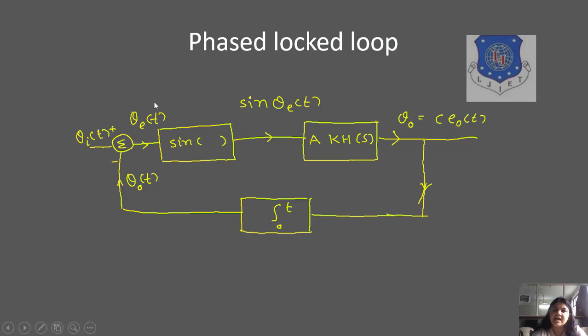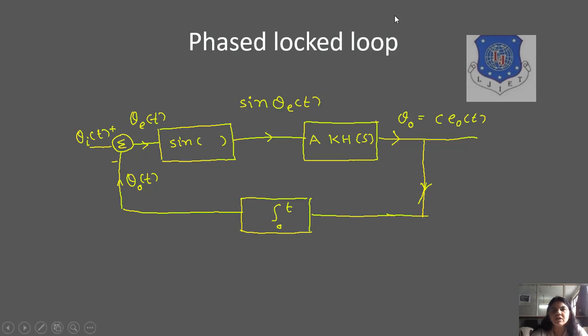The low pass filter will pass the low frequency component and suppress the high frequency component, which here is the carrier signal.